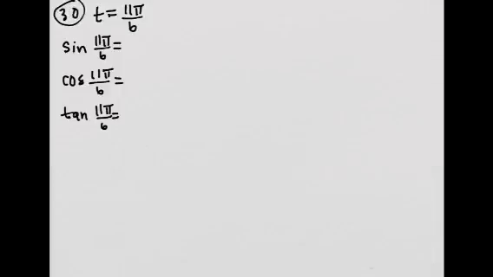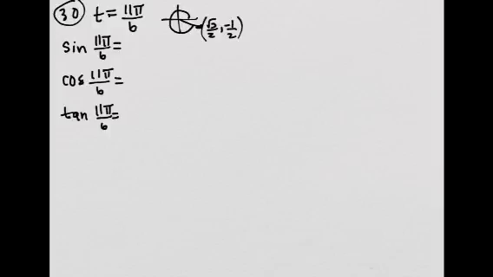Alright, so t is the circumference on a unit circle. So 11 pi over 6 would be about here, right? This is 11 pi over 6. So the coordinates here are positive radical 3 over 2, negative 1/2. Okay, that's just from 11 pi over 6.